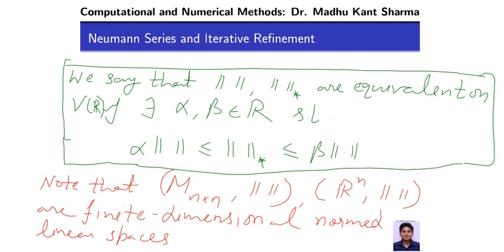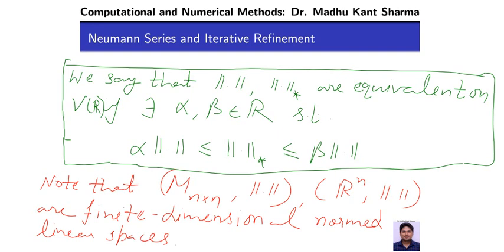That is useful when you generate a sequence of approximate solutions repeatedly by iterative methods, and what you wish to achieve is the desired solution. Whether it is getting near to the solution or not can be told with respect to any norm.